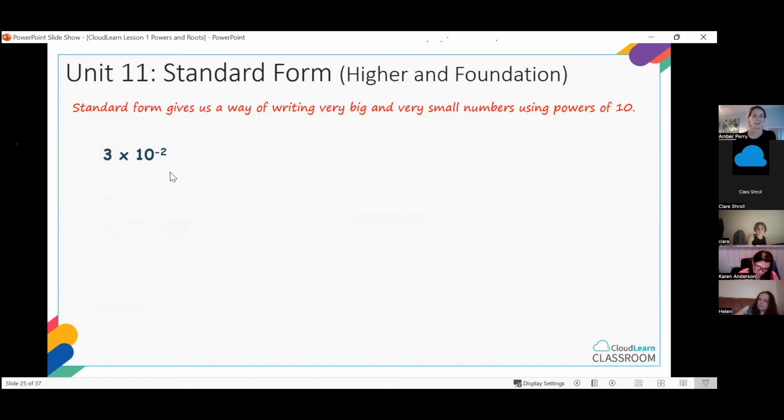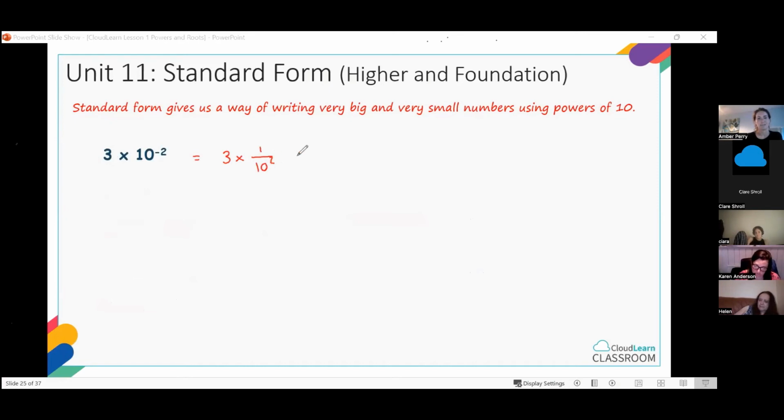So again, I'm just going to explain it with this. If we've got 3 times 10 to the power of minus 2, now remember, this is where our negative powers come in. Remember, 10 to the power of minus 2 is the same as 1 over 10 to the power of 2. I'm going to write that down for you. So this is the same as 3 times 1 over 10 to the power of 2.